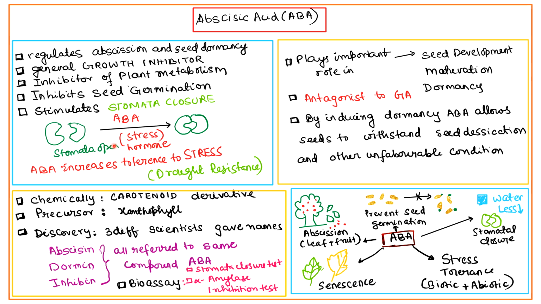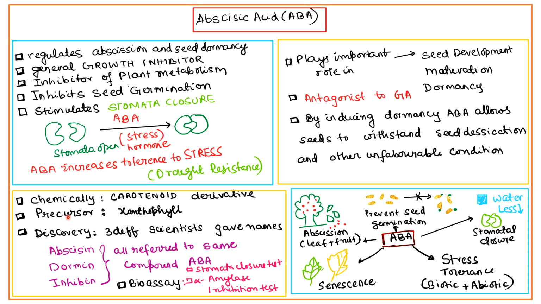So those pores are closed by the action of abscisic acid. So it is a hormone which helps in giving the drought resistance property to the plants. So it's a very important plant hormone which regulates the plant metabolism in extreme conditions.